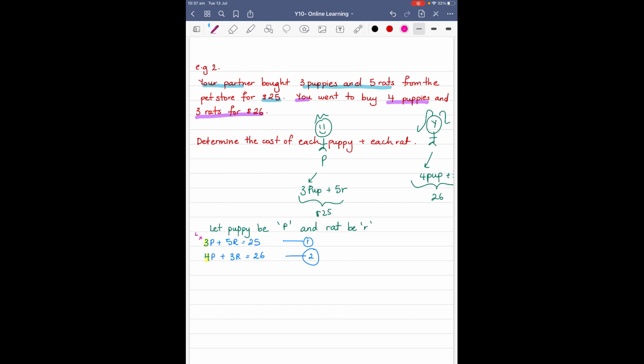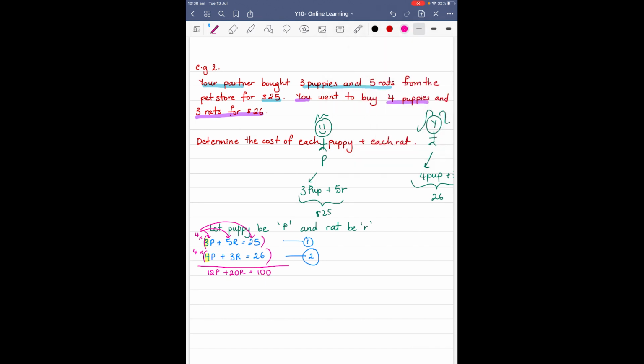We're going to multiply this by 4. That means you have to multiply everything in here by 4. So 4 times 3p is now 12p. 4 times 5r is 20r. 4 times 25 is 100.